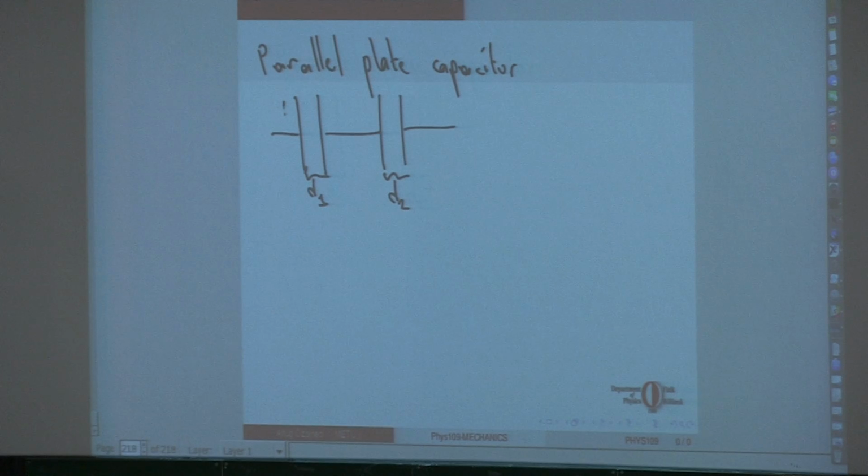Let's say that they both have the same area. So inside they have identical electric fields. No, these will be different. Can be different, I don't really care. But effectively, this is the same thing as this, which is D1 plus D2.